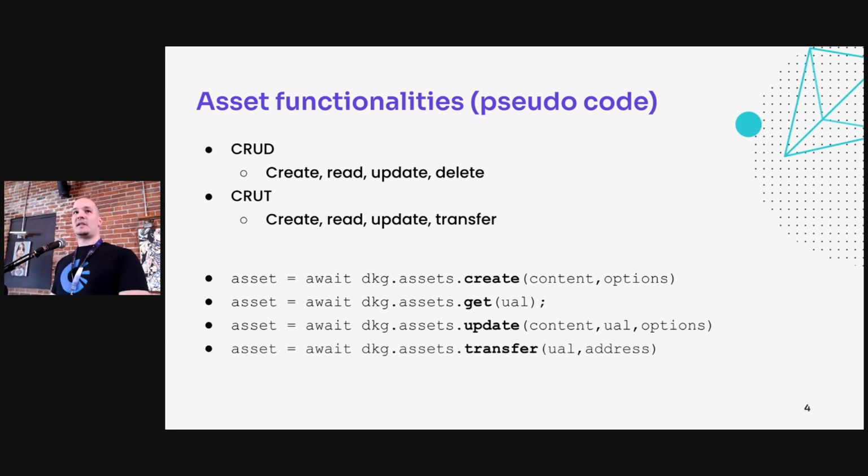Transfer is pretty much the same as in, let's say, ERC20. So this is completely implemented on blockchain. This has nothing to do with the knowledge graph, the graph itself. The ownership is just a record on chain. And it's interesting here because we try to make it so that you can inherit ownership.